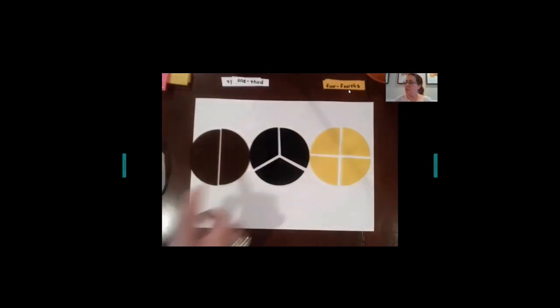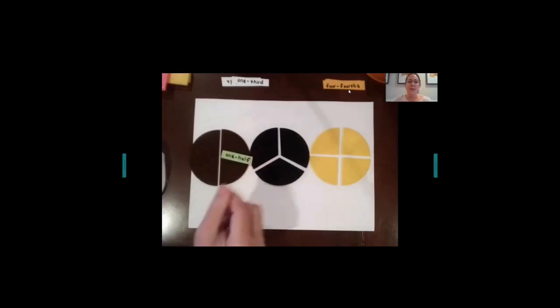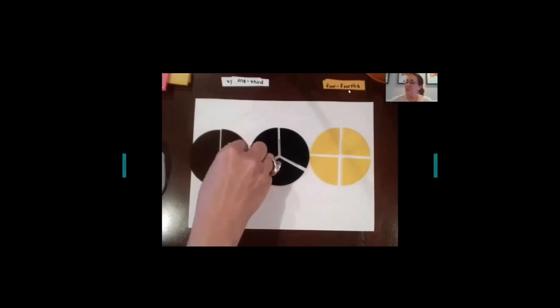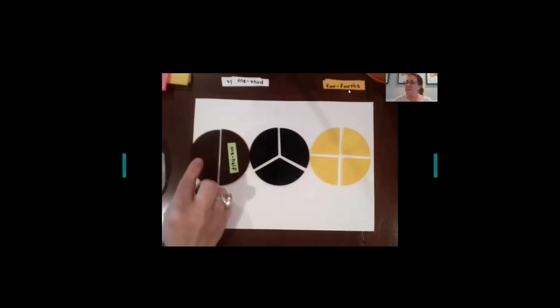So if I was going to describe this piece right here, I would say that it is 1/2. And that's how it would look, 1/2. So this piece is 1/2 of the whole entire circle, which means that this piece would also be called 1/2.